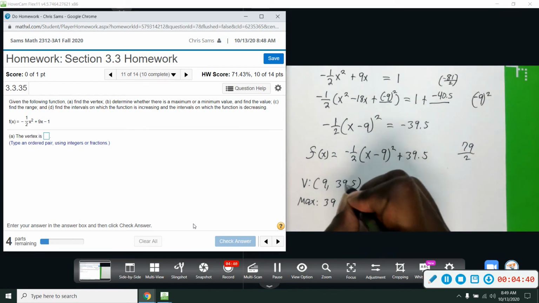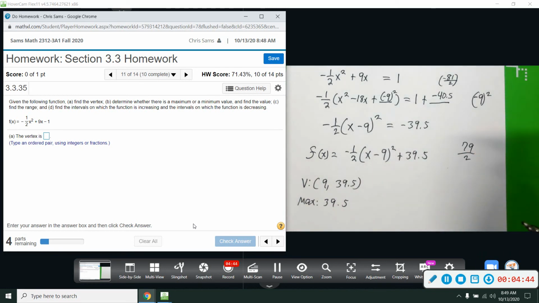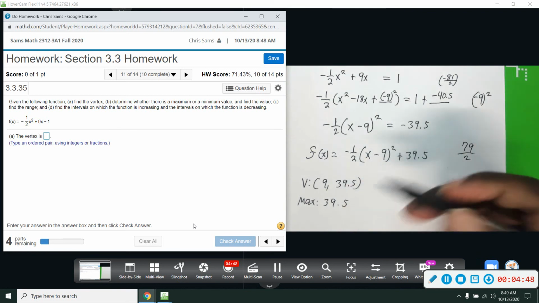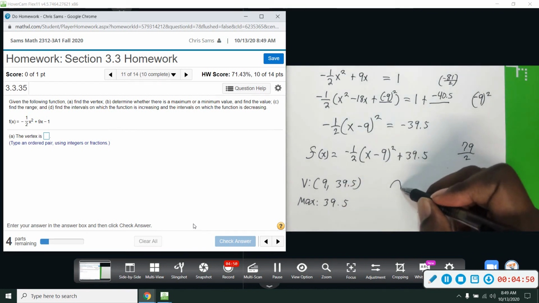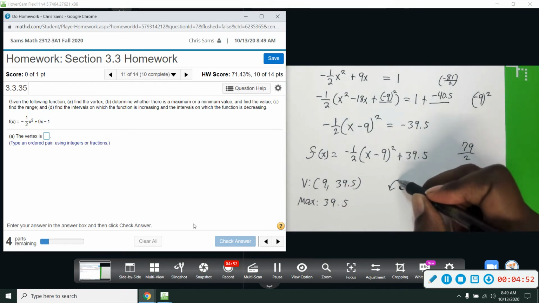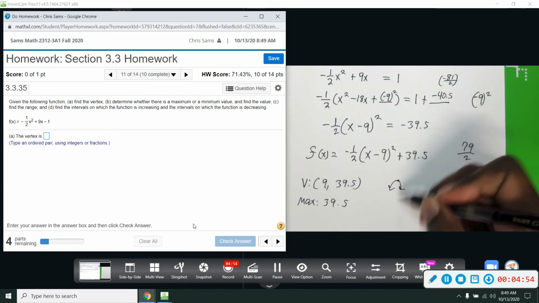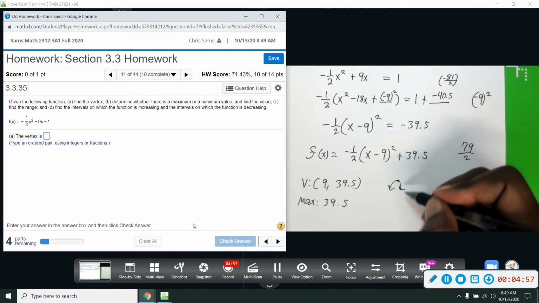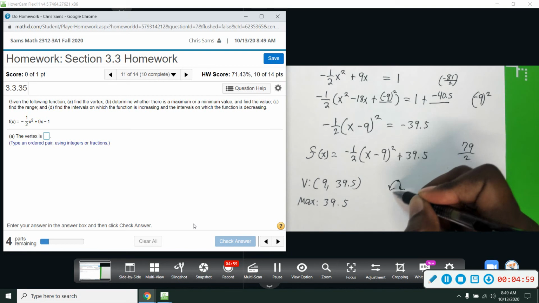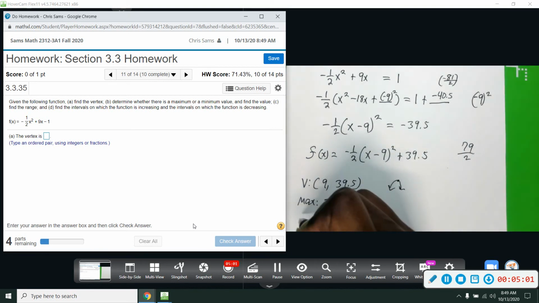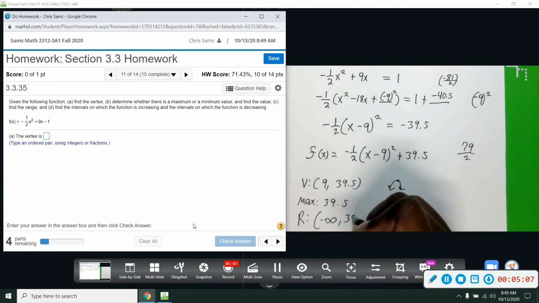The maximum value is the y coordinate, 39.5. The range, since it goes down and you have a max, all your y values are going to be lower than that. So going down from negative infinity to 39.5, a range of negative infinity to 39.5.